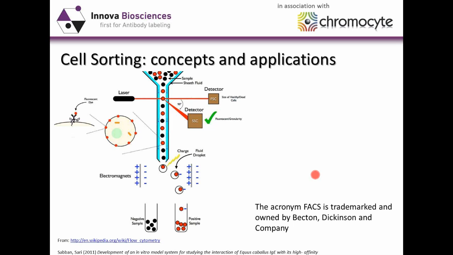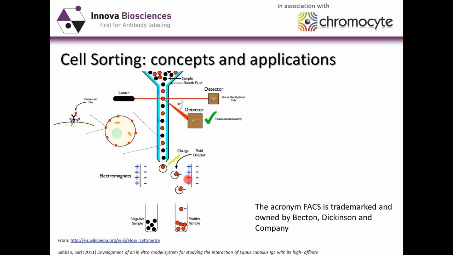The instrument then puts an electrostatic charge on the appropriate cells, and it knows exactly how long it takes for a cell to get to this point. The cells are then put through two electromagnets, and the appropriately charged cells can be directed into different tubes.